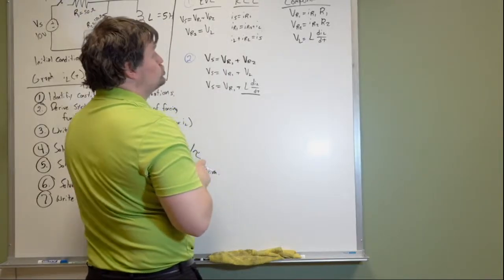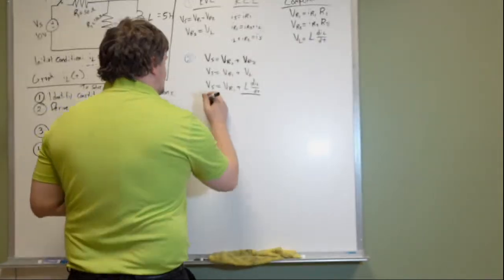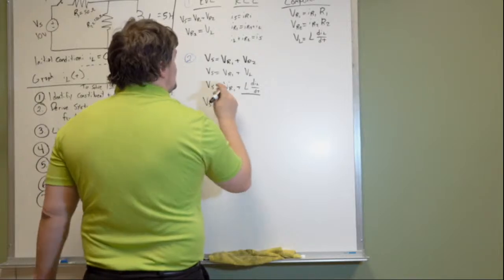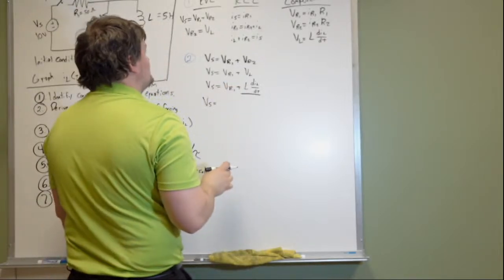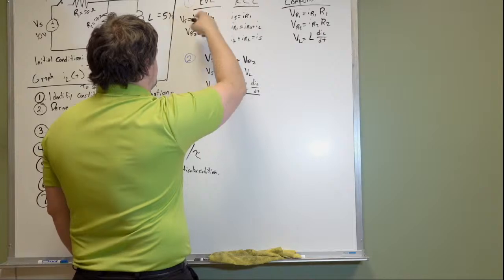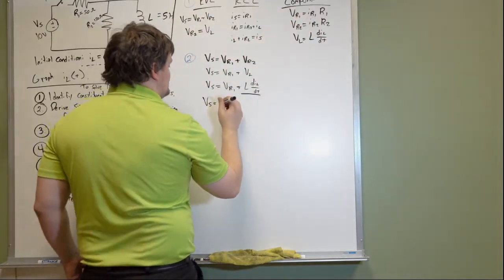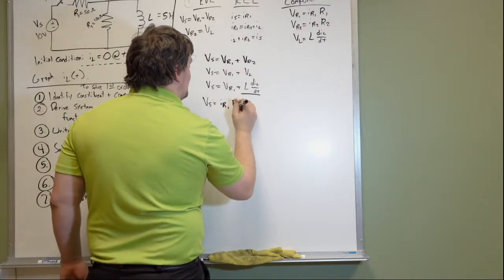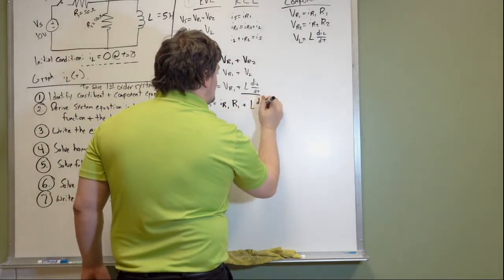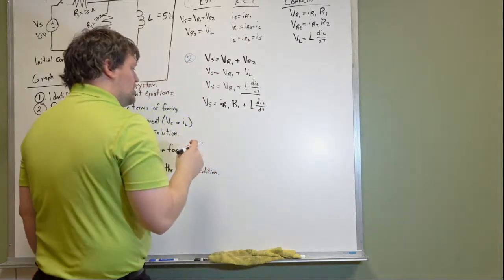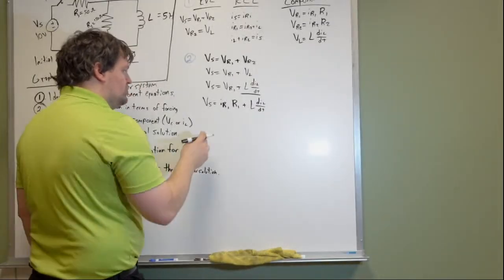Now we have to figure out VR1. Another equation for VR1 is, let's see, we've got this one up here, which would be going backwards. The only other one we have is that one. So IR1 R1 plus L dIL/dt.